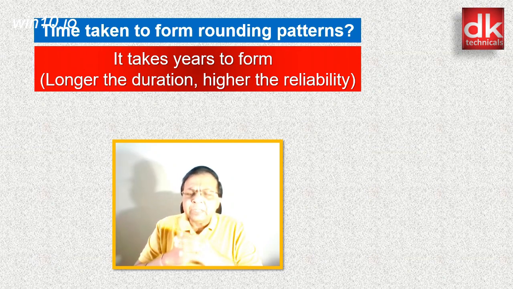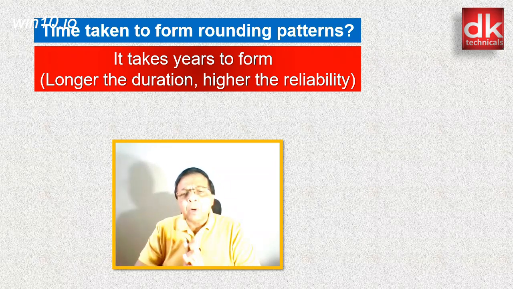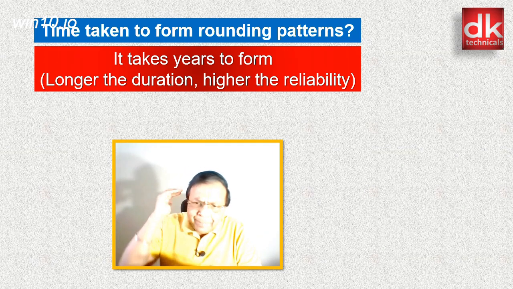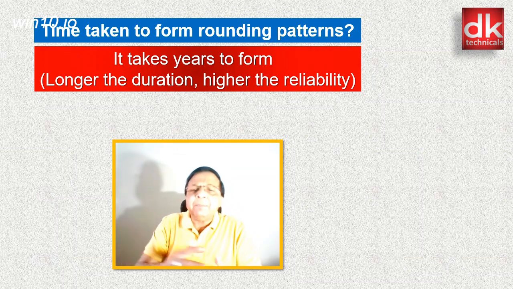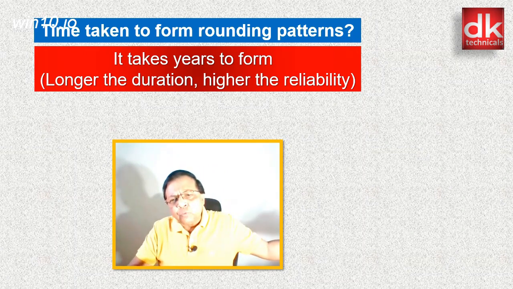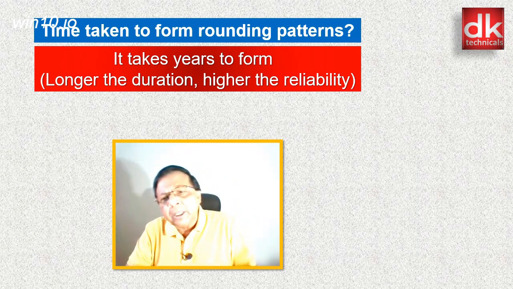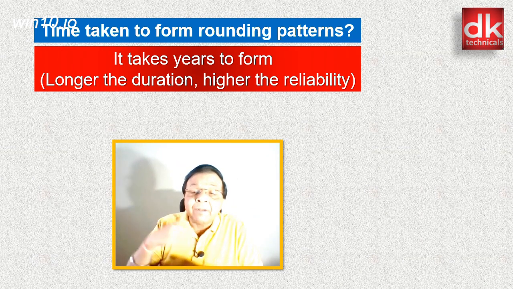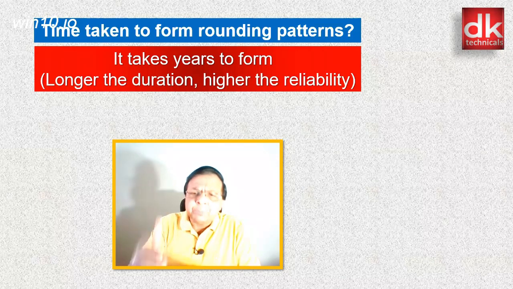Because what is observed in the majority of cases is, once the rounding bottom formation has been completed and the breakout has taken place, even if it has taken 10 years to form, it gives several times return; the target gets achieved in a maximum of 2 years. Whether it takes 8 years to form or 12 years to form, normally the target gets achieved in 2 years, and it might give several times the target return, because the target is the minimum expected objective in any chart pattern.